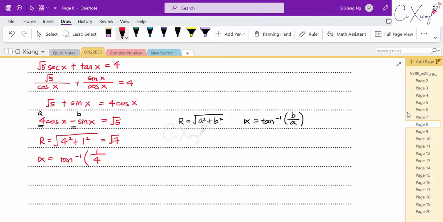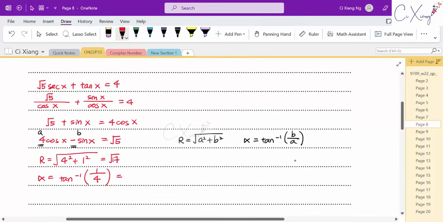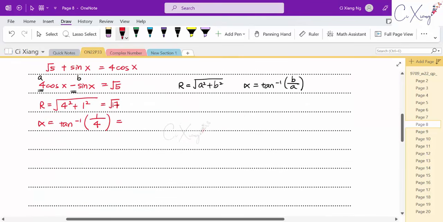According to the question, they want us to write our answer for alpha correct to 2 decimal places, and the value for R should be in exact value. So R I will keep as square root 17, and alpha I need to keep to 2 decimal places. It should be 14.04 degrees.